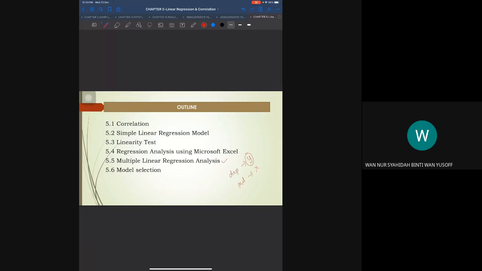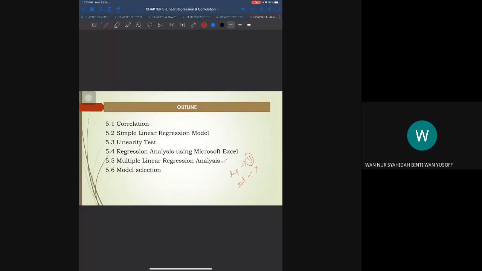The regression that we discuss in this chapter is for quantitative variables only. If you have qualitative variables, which we do not cover in this course, but in future you may have your own raw data, then you can use the advanced regression, which is logistic regression.